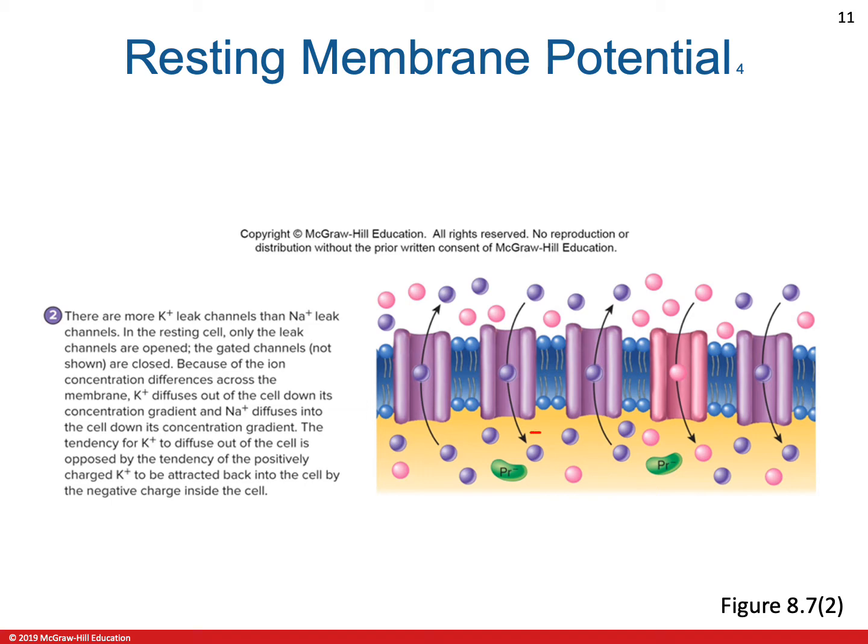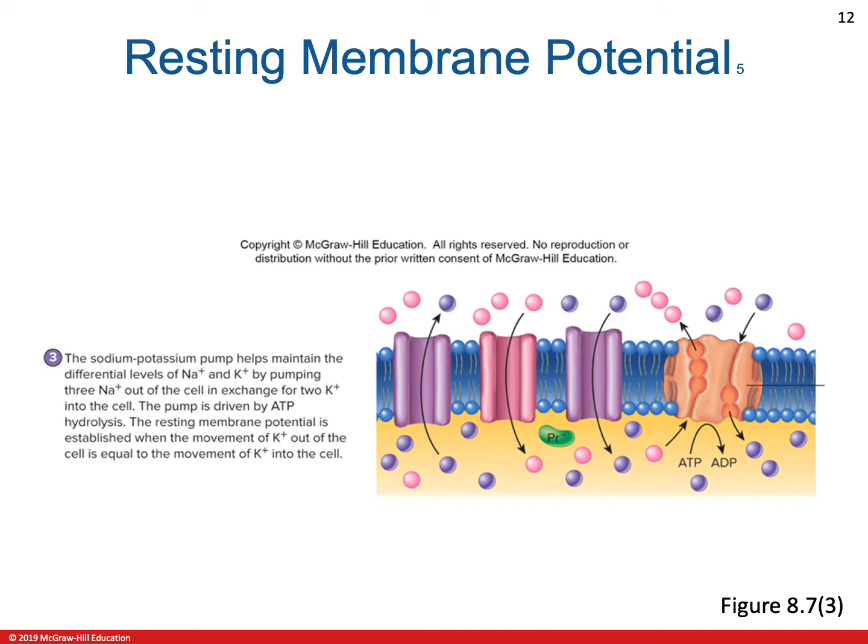Okay, we know naman that inside is negative and outside is positive. So the potassium that is outside is attracted by the proteins, which are negative inside. When positive and negative charges meet, they always tend to attract each other. So potassium again is pulled back to the inside of the cell. When the potassium came out, it followed the concentration gradient, right? Potassium is higher inside, so it's very easy to go out to a much less concentrated area.